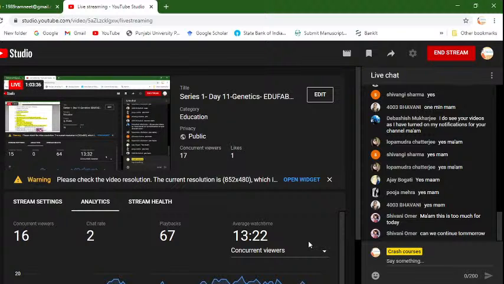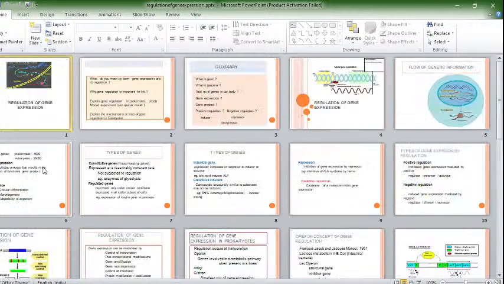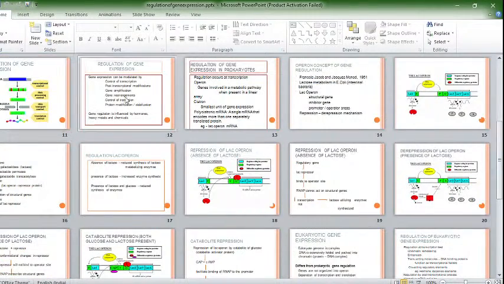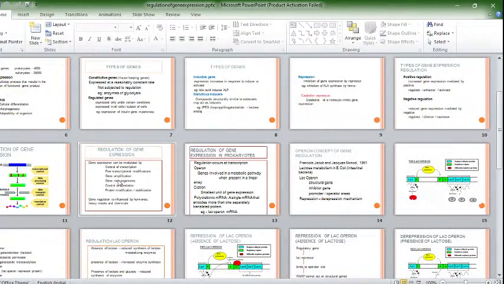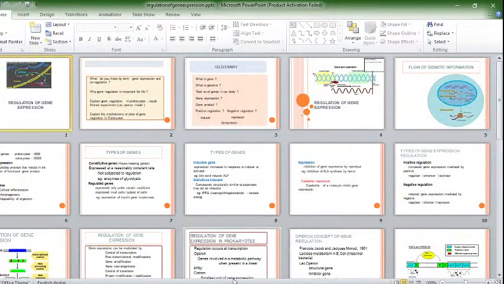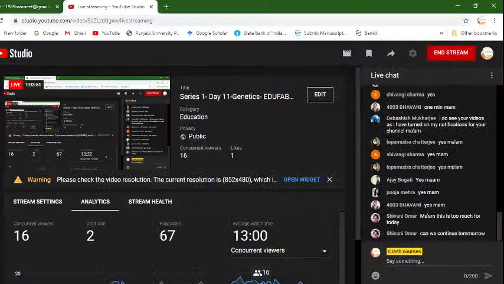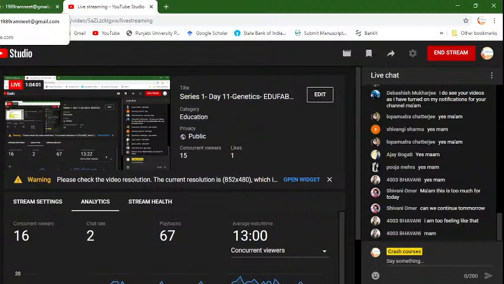No worries. I just want all of you to be comfortable. The regulation of gene expression is also similar to this lac operon. Basically, this is the lac operon only. Just give me 5 minutes more, Shivani, please, then this will be over.